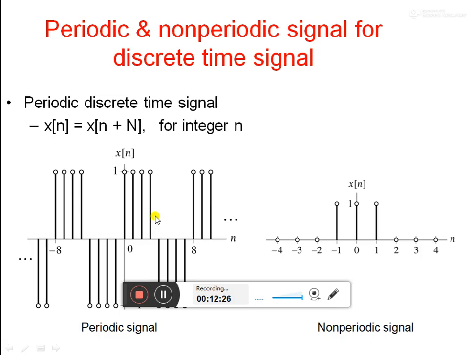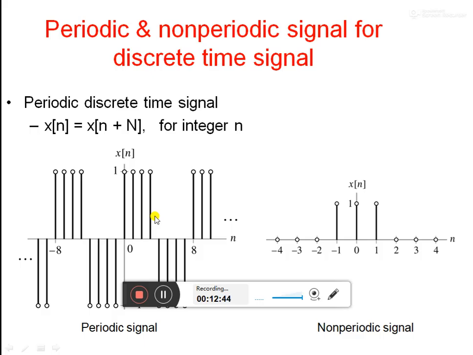Here we are not going to talk in terms of time and seconds. We are going to talk with respect to the number of samples that we can have in a particular discrete time signal. So here the fundamental period is considered to be 8 samples.